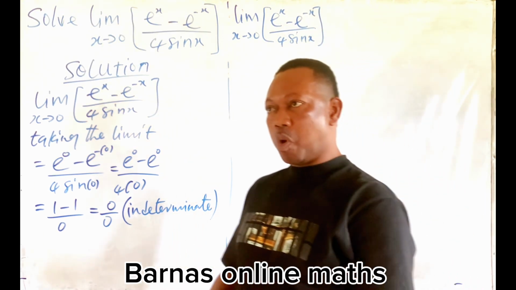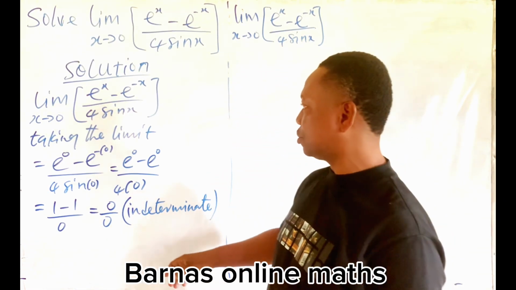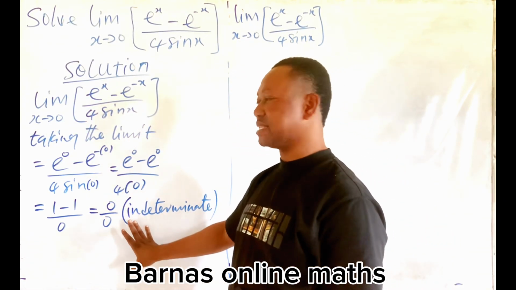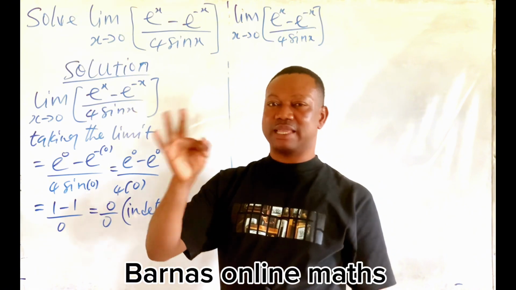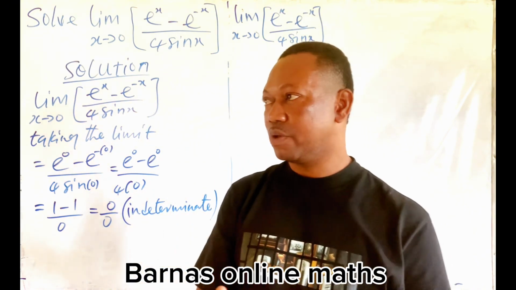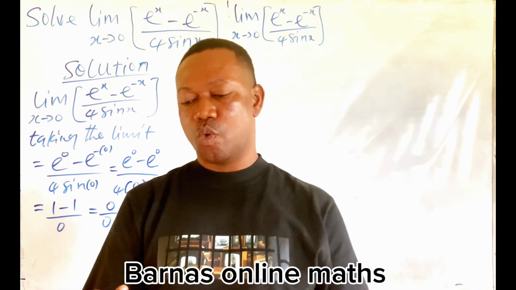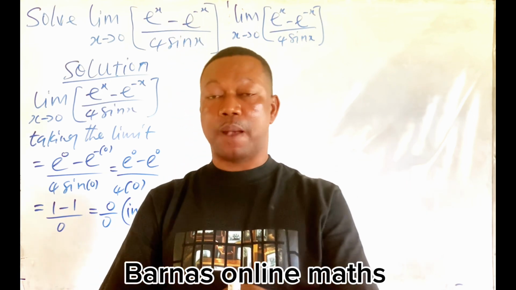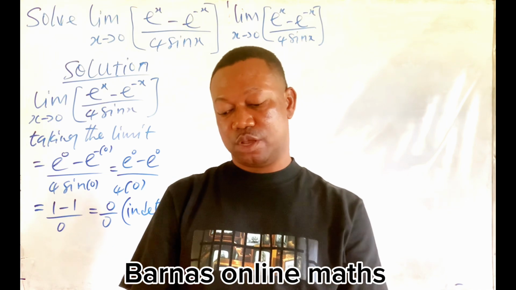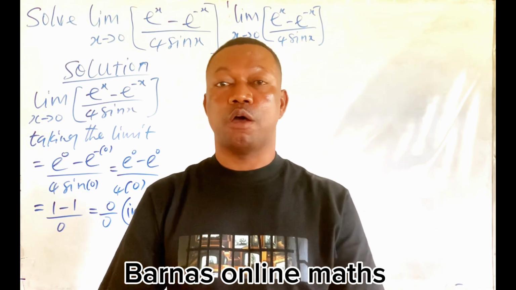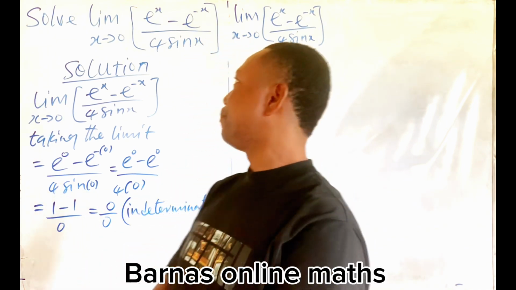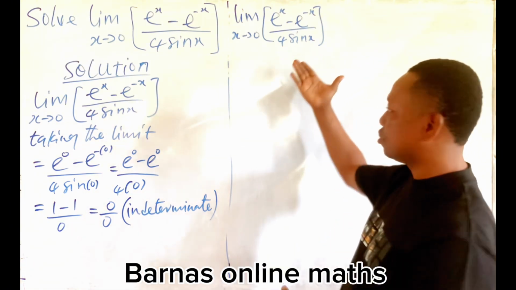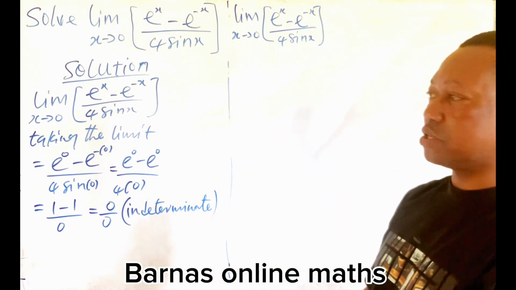Now, once the limit of the function is indeterminate, there are 3 things to consider for us to have a solution. One, you apply the factorization method, or you apply the rationalization method, or you apply L'Hopital's rule. So in this function, of course, you can factorize to solve the problem.